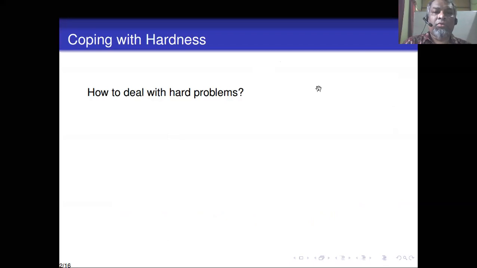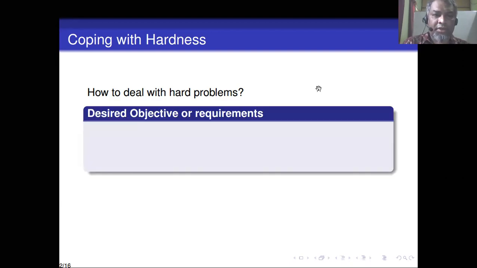As we have discussed in some previous class, how do we cope with hardness of problems, or how to deal with hard problems. I am repeating those things again: what are the desired objectives or requirements from the solution of a problem?